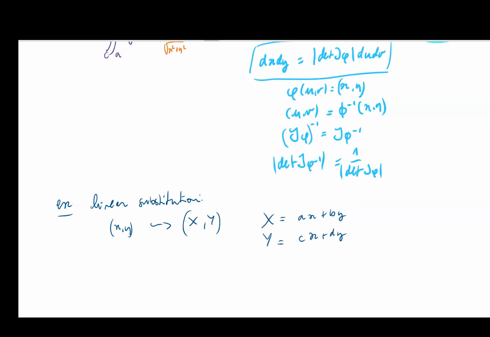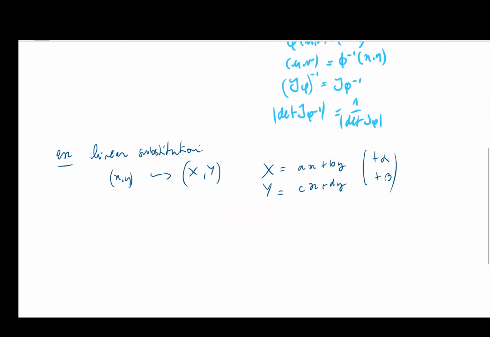Okay, and you can even add, if you like, plus alpha, plus beta. It just means that it's a real change of basis in the Cartesian plane. So it's really something very easy. Let's consider alpha and beta equal to 0, but you could really try it with different values, so not 0.